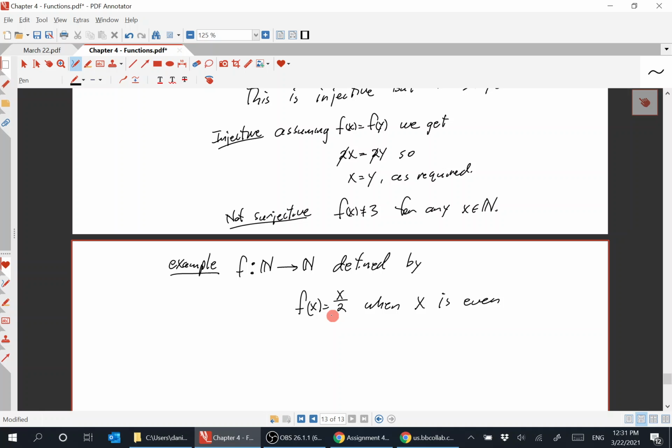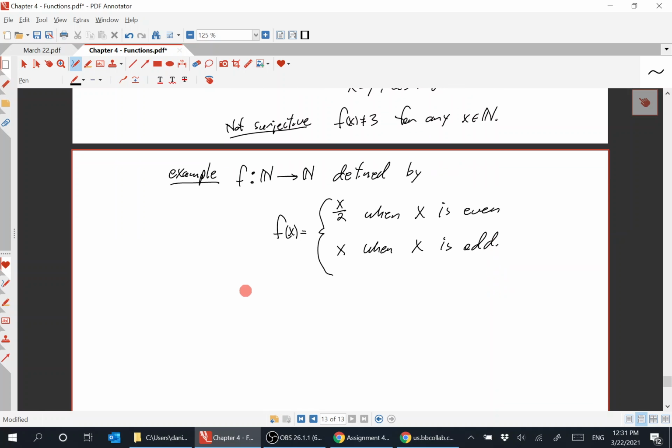Let's write it like how they do in calculus. Piecewise function. X over 2 when x is even, and f of x is just equal to x when x is odd. Right? This is surjective, but not injective.